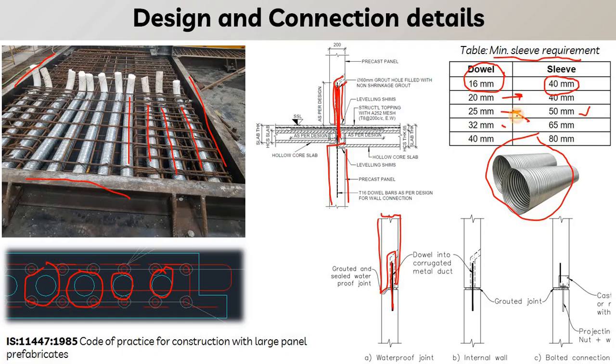If a 32 mm dowel is coming from the element below, the element above should have a 65 mm dowel tube to receive and connect the panel. Lastly, for a 40 mm diameter bar, we use an 80 mm dowel tube. Afterwards the dowel tubes will be grouted with a special cementitious grout that we will see in further slides.